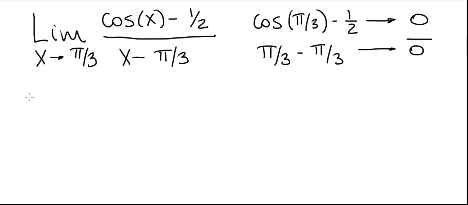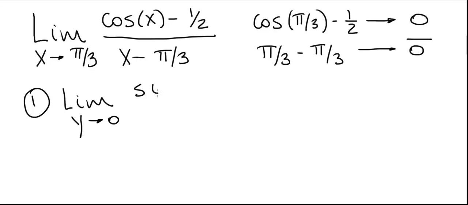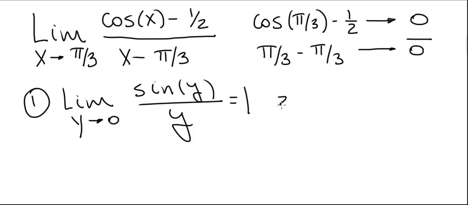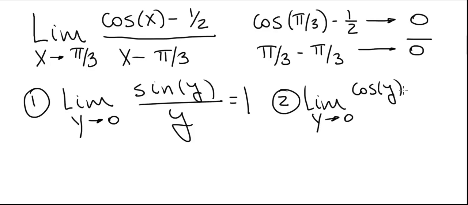So here's what we need to use to evaluate this limit. Number one, this known result that was done earlier: the limit as y approaches 0 of sine of y over y is equal to 1. The second thing we need is another limit: as y approaches 0, cosine of y minus 1 divided by y. This limit is 0.